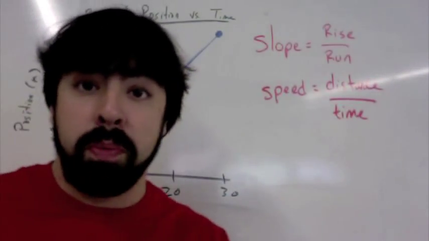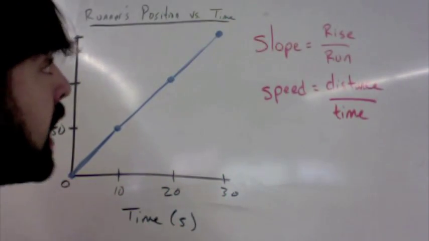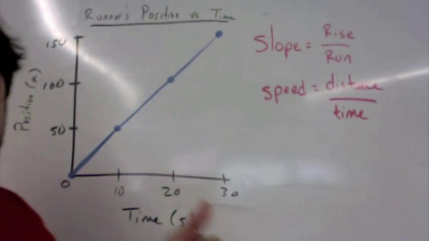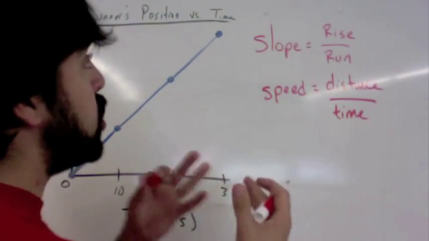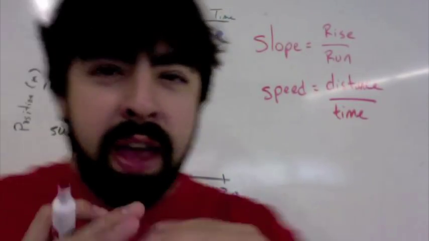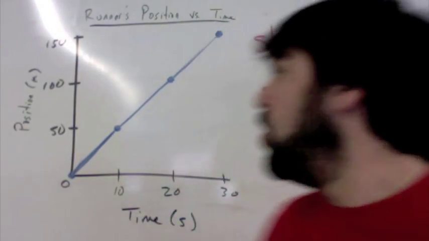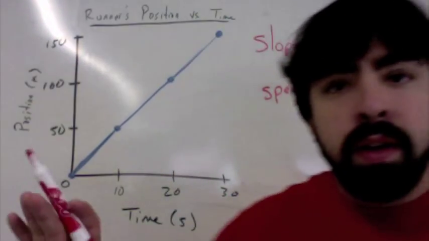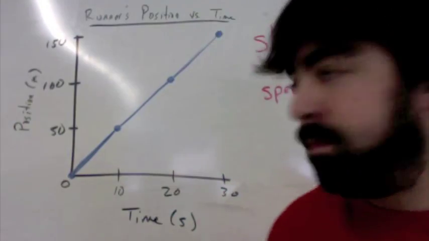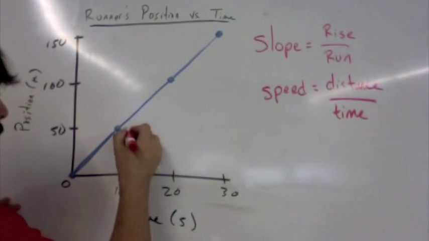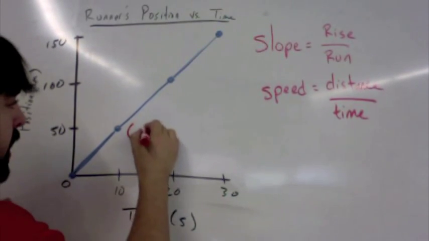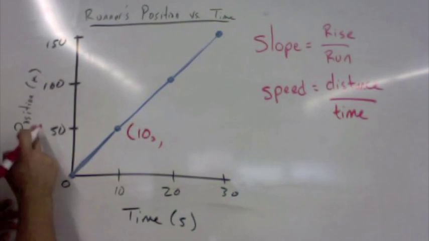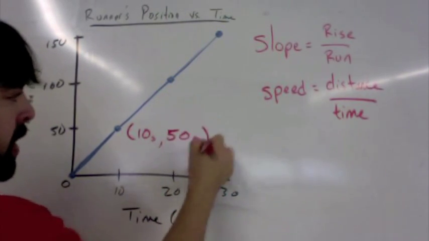Again, to calculate slope, you need rise over run. So you have to pick an x1 and an x2, a y1 and a y2. Pick two coordinates. When you have a straight line, you can go top to bottom, but I'm just going to pick the middle two. So here's my one coordinate at 10 seconds over, 50 meters up.